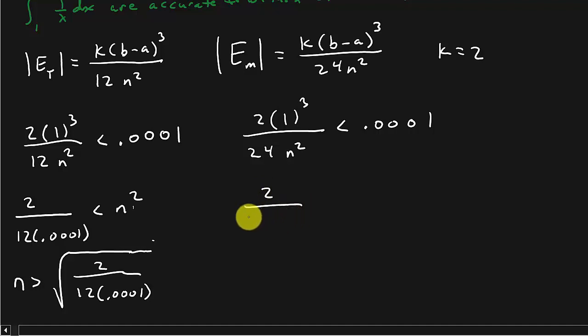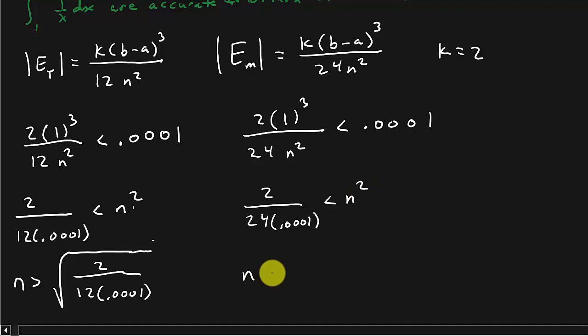So that's going to be 2 over 24, and I'm going to solve for n. I'm going to move the n squared up here and the 0.0001 down here.